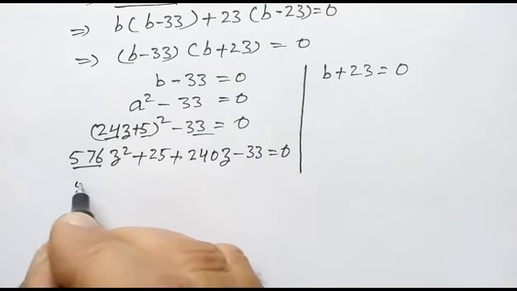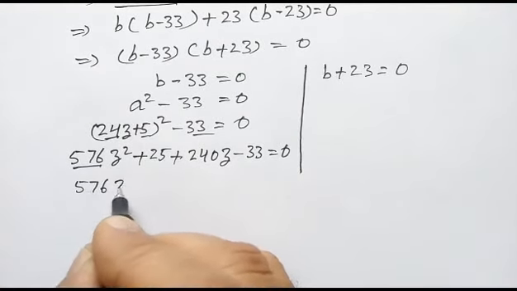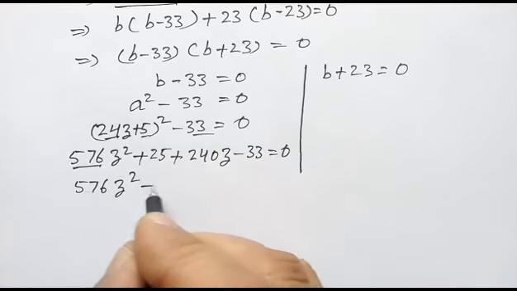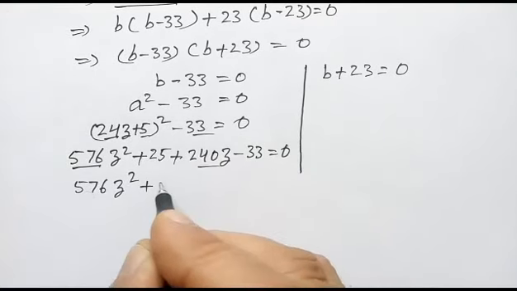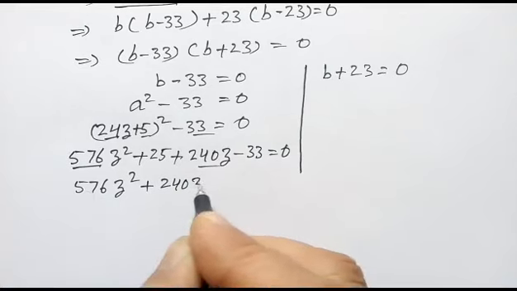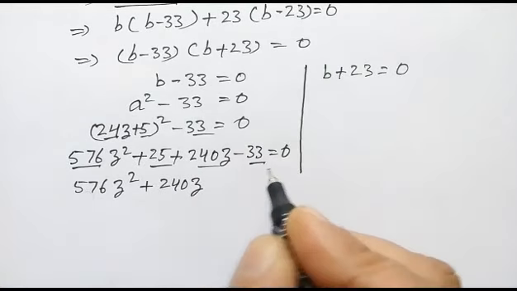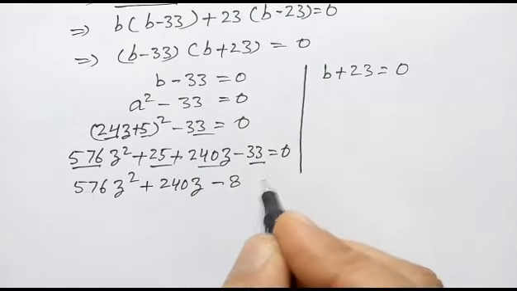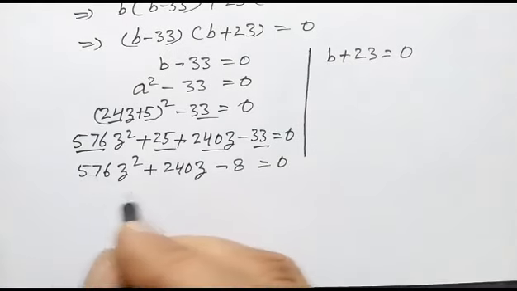Okay, so 576 z square plus 240z, this and this, minus 8 is equal to 0.